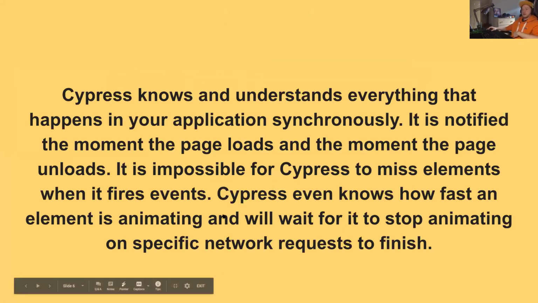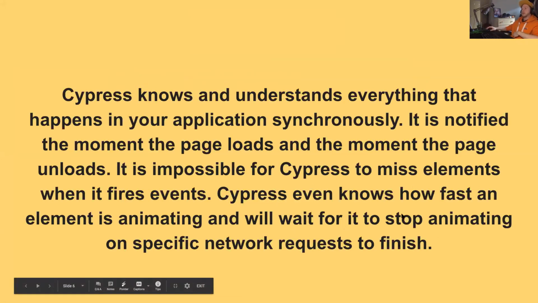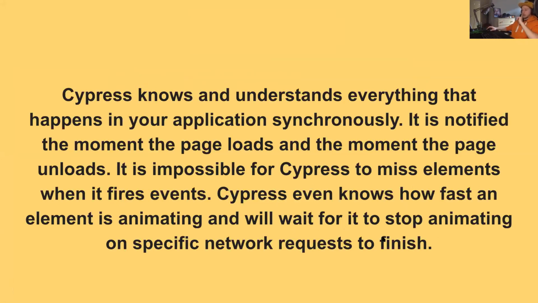In fact, and this is sort of copy paste from the Cypress documentation page, they state that Cypress will never miss. It's impossible for Cypress to miss elements when it fires events, which is just great. You never have to worry about that, which is the case with things like Selenium, because there you would do custom things. Cypress gets rid of that.